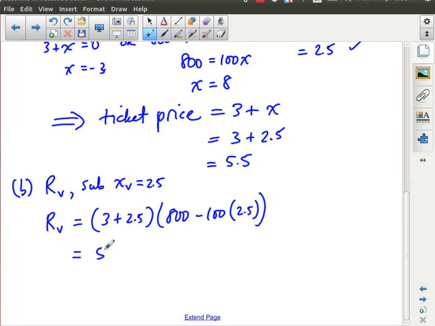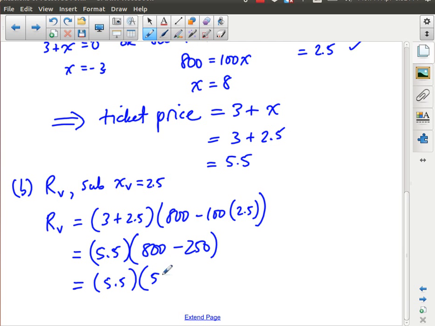This one is 5.5. We've calculated that before. And this one is going to be 800 minus 250. And that is equal to 5.5 times 550.